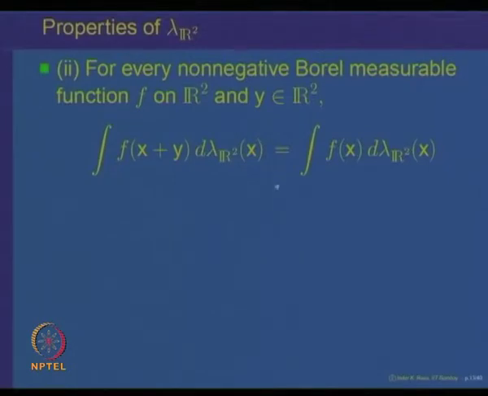So, the next property I wanted to illustrate is the following, namely, for every non-negative Borel measurable function f on R 2 and any vector y in R 2, the integral of the translated function, the integral of f of x plus y with respect to the Lebesgue measure, is the same as the integral of the function itself, and it is also the same as the integral of f of minus x.